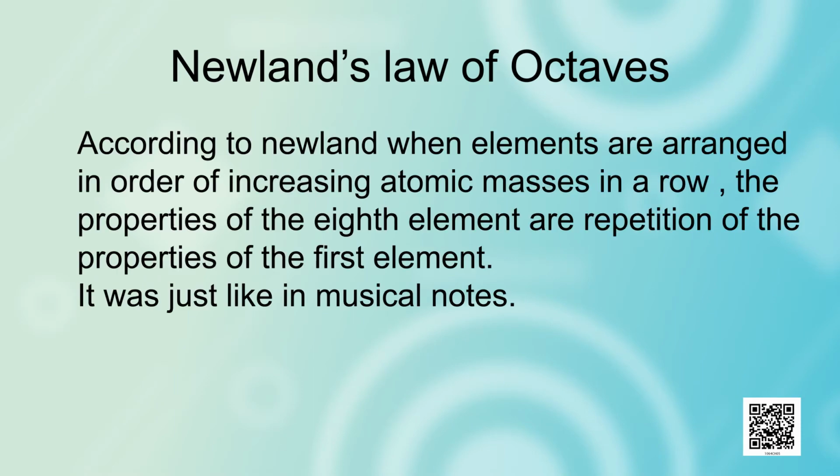According to Newlands, when elements are arranged in order of increasing atomic masses in a row, the properties of the 8th element are a repetition of the properties of the first element. It was just like in musical notes.